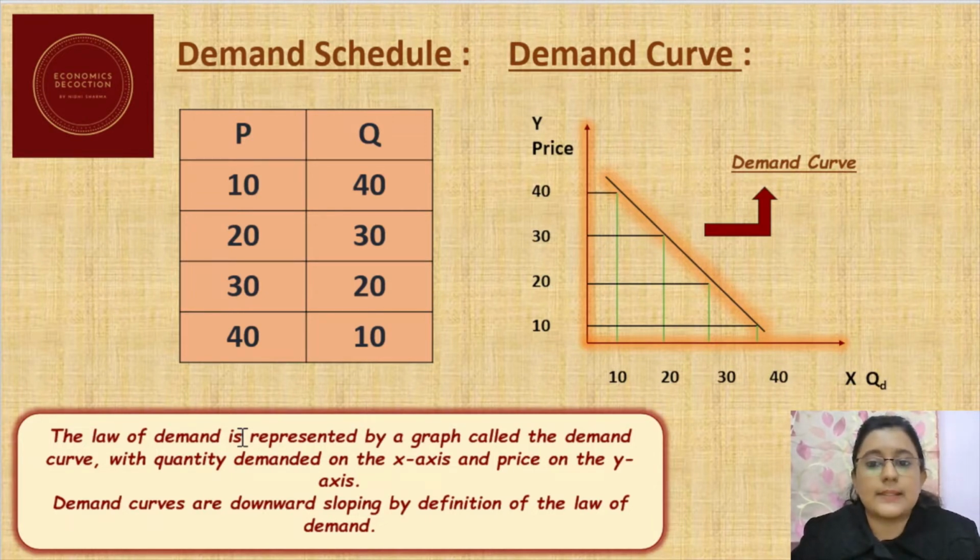As you can clearly see, when the price of a commodity is increasing, the quantity demanded is getting decreased. So this shows us the law of demand. The negative slope of the demand curve is mainly due to the operation of law of demand.